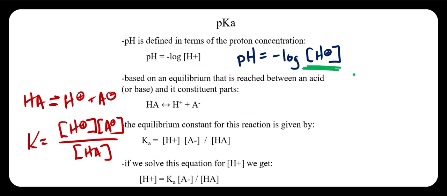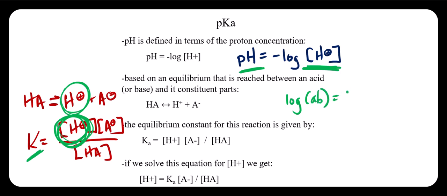So the hydrogen ion concentration, though, is dependent on how much my acid dissociates. The hydrogen ion concentration can be quantified in K. I can rearrange, and if you need any help doing it, if you want to do it, I'm happy to help you. I can rearrange K for the hydrogen ion concentration, plug it in, and show pH as a function of how much dissociation I get. If you want to go through the derivation, everything you need is here, other than a little bit of your logarithmic math.